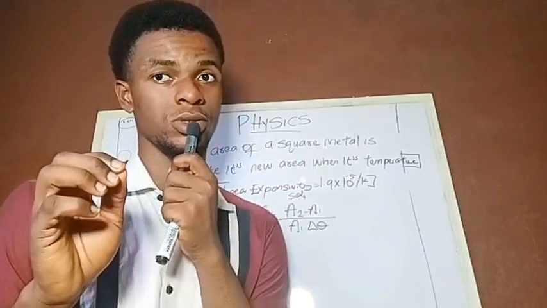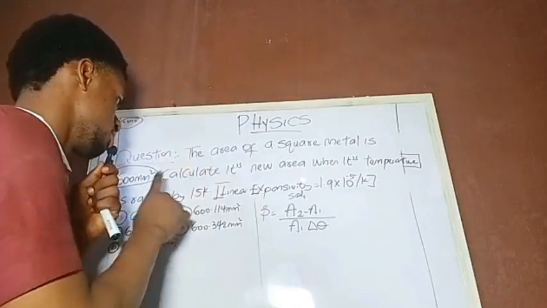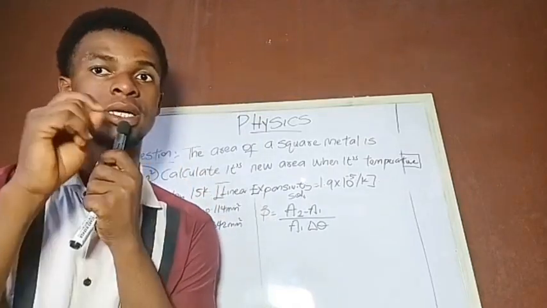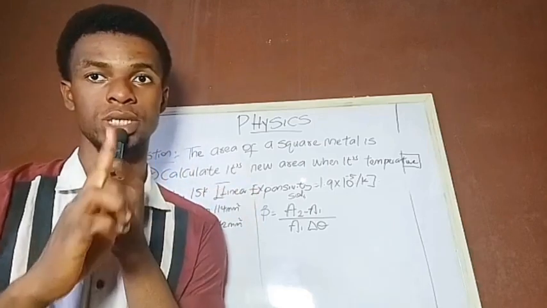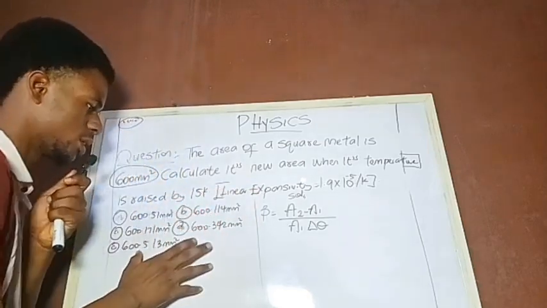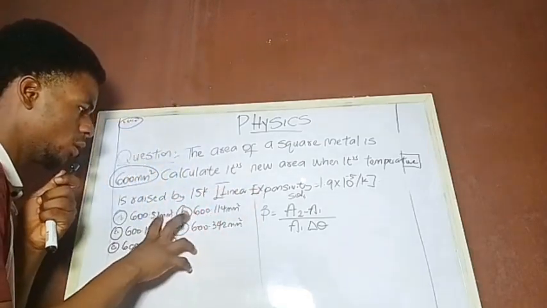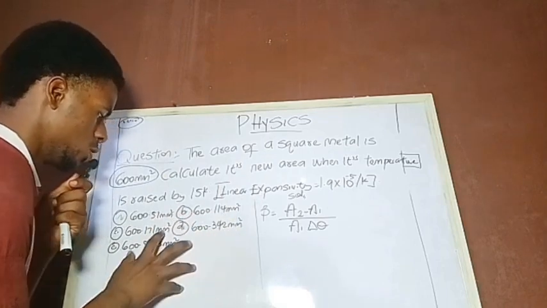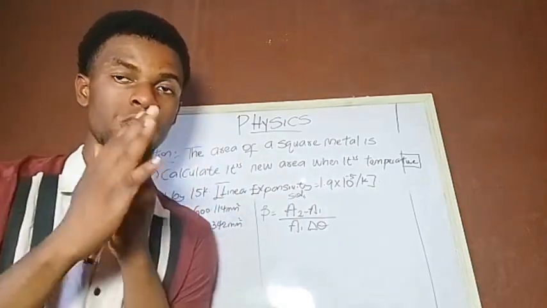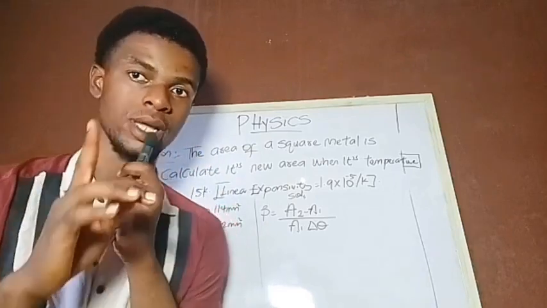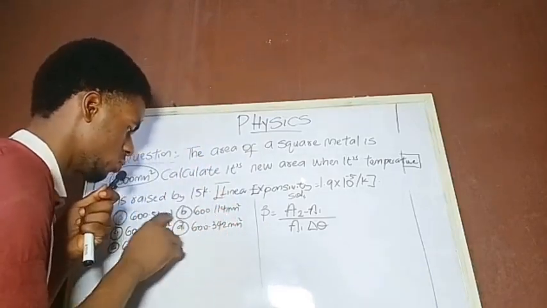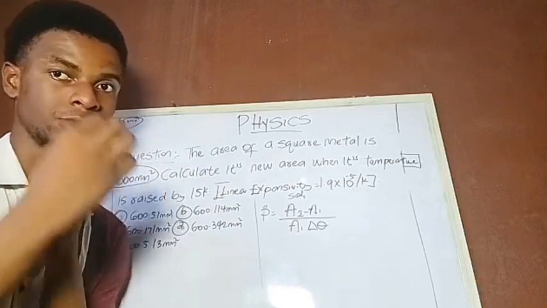If you pay attention, you realize that our area is given to us in millimeter square. Now, we ought to change it to meter square, but we're not going to change it. Do you know why? If you look at the options here, they are all in millimeter square. So there is no need for us to change the unit. Let's leave it as millimeter square. If it was in meter square, I would have considered changing it to meter square.